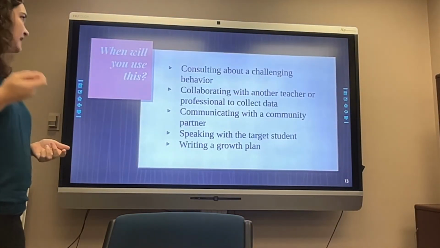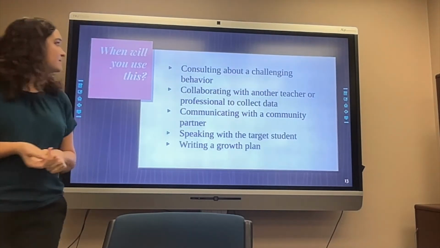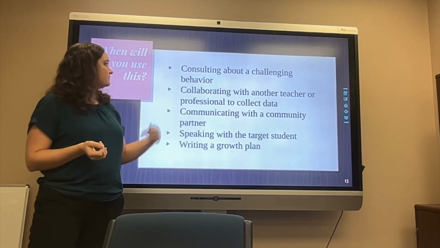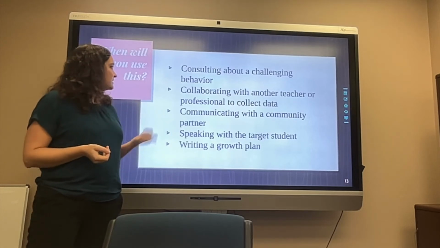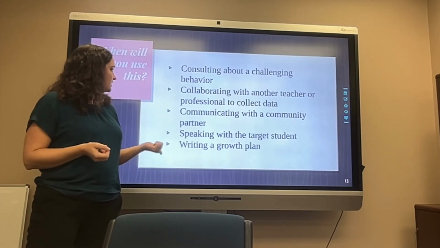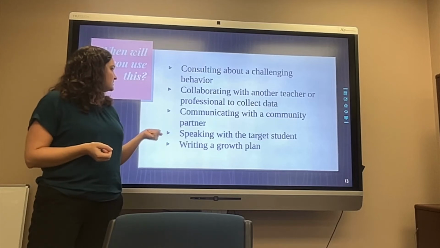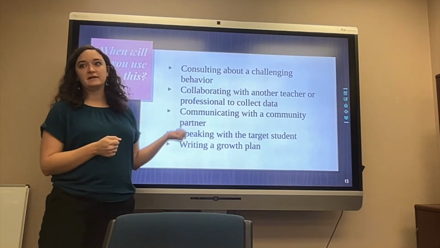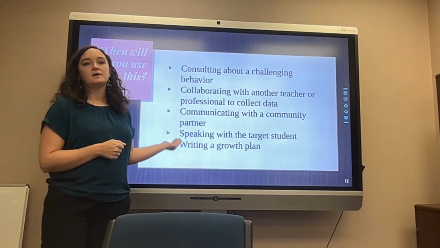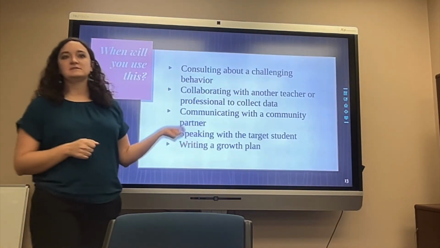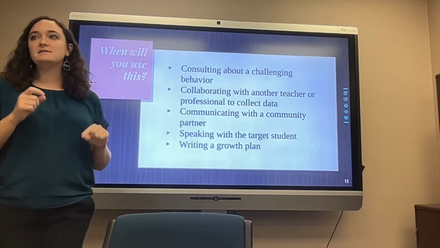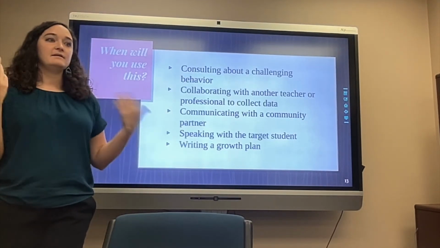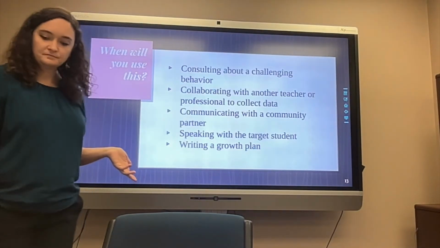When you're selecting behaviors, if you're consulting about a challenging behavior or inappropriate behavior, if you're collaborating with another teacher, professor, professional, someone in the community, a job partner, or speaking with the student that you're working with, or writing a growth plan. Any of these things are good times when you might be thinking about selecting an appropriate behavior and then making sure that it's something that's observable, that you can measure, that everyone's on the same page about.